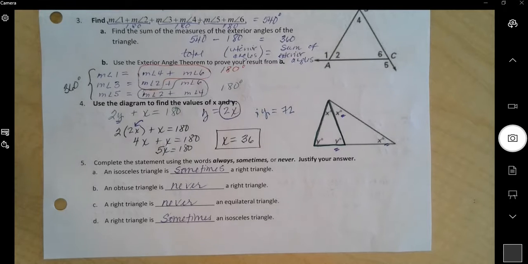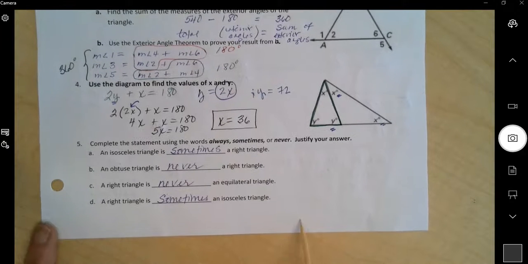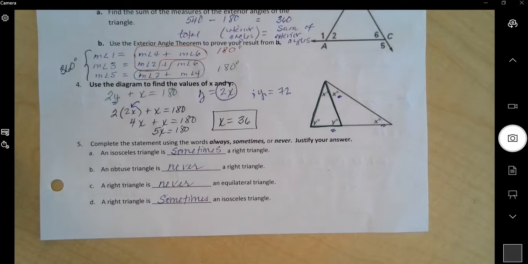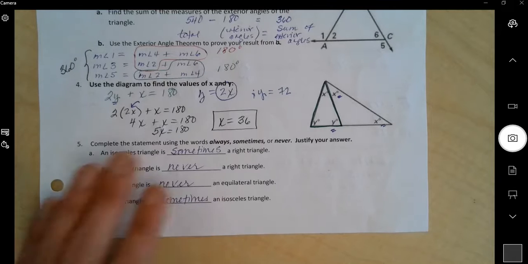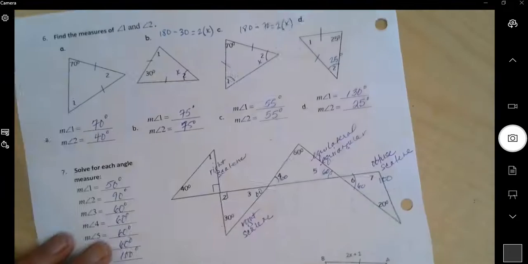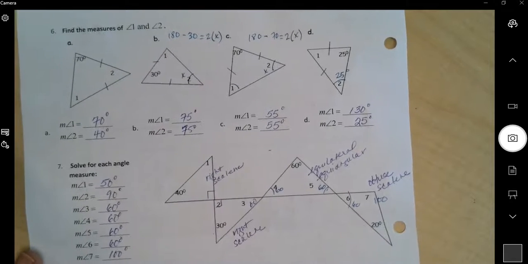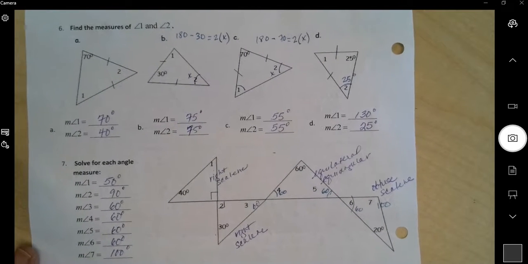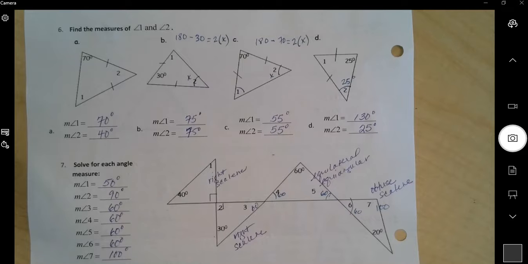Okay. All right, read these sometimes, always, nevers and see if we agree. Isosceles triangle is sometimes right. Obtuse is never right. Right triangle, never equilateral. Right triangle, sometimes isosceles. Are we okay on that? Give me a thumbs up. Okay. On the back, we have these 4 isosceles triangles.